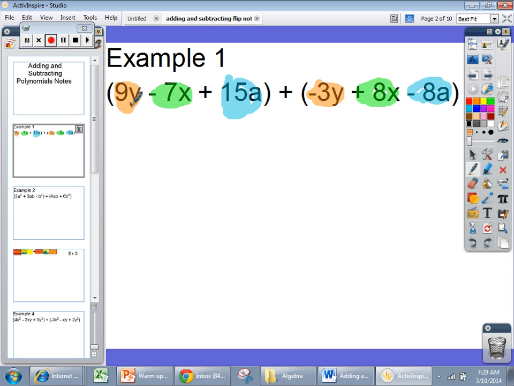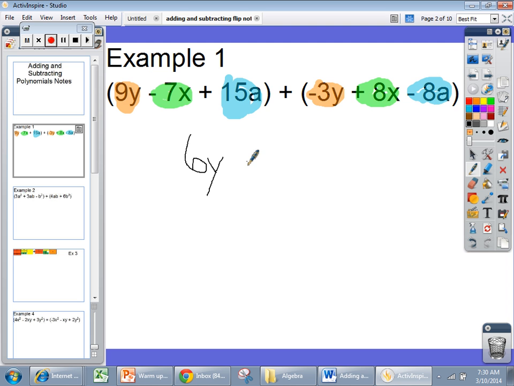We have a 9y, and make sure you pay attention to the sign in front of it. A 9y minus a 3y. So what's 9 minus 3? Beautiful, 6. We have a negative 7x plus a positive 8x. So negative 7 plus a positive 8. Think about this one before you say it out loud. It's just 1.